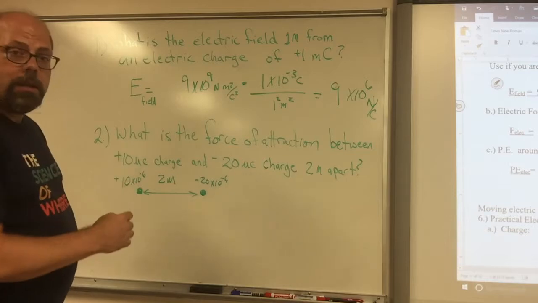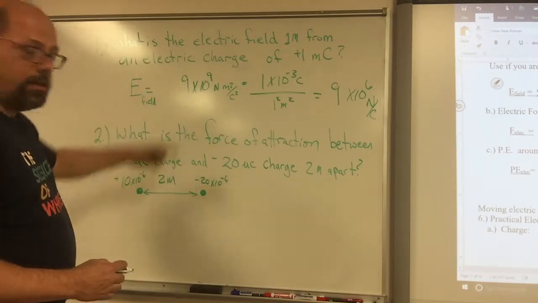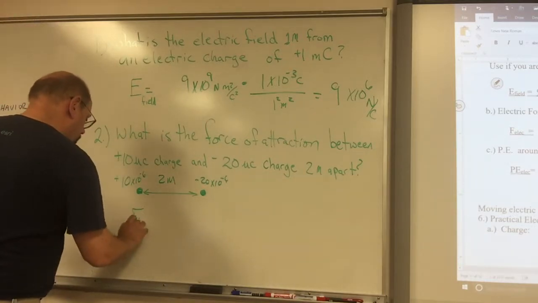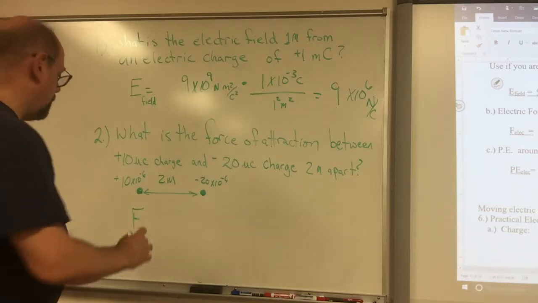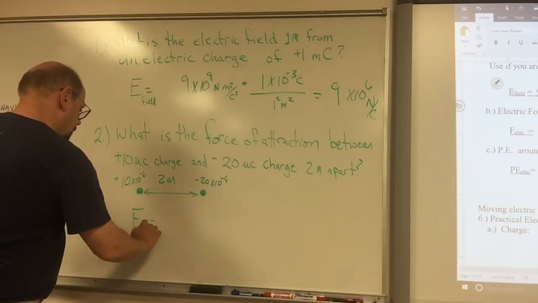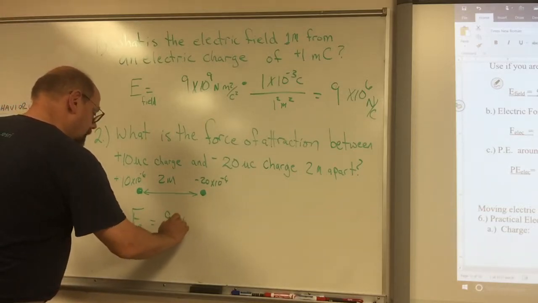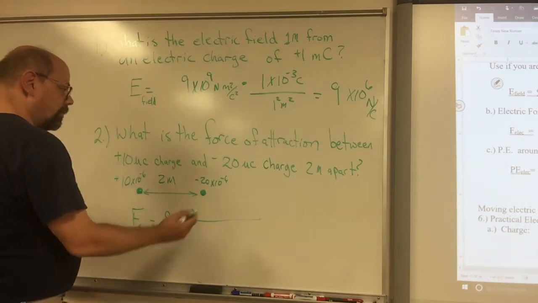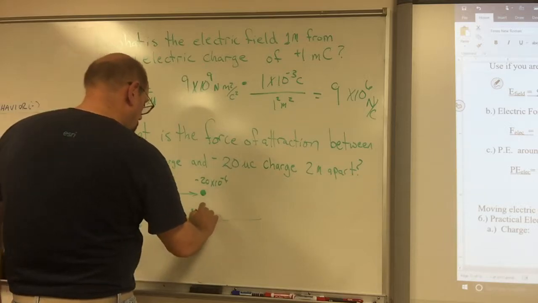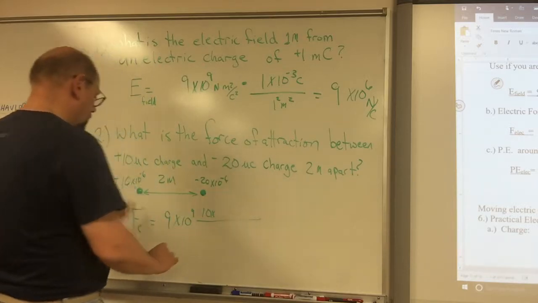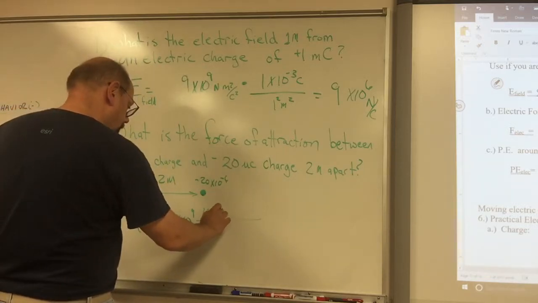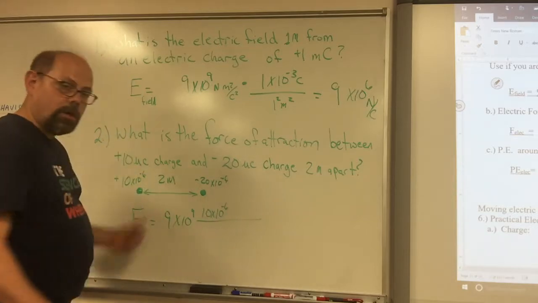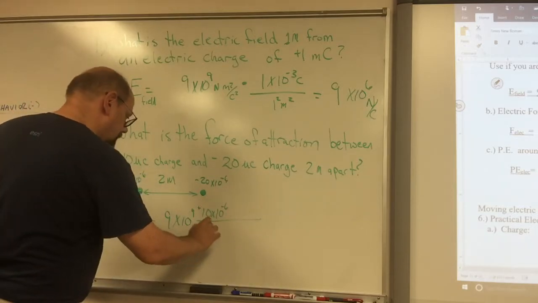Okay, well, we've got a formula that figures this out. It looks a lot like this one did. So the force of the electricity between here, the force of E, has got to be 9 times 10 to the 9th, times a fraction, right? Of the two charges, 10 times 20, but it's 10 to the minus 6, so 10 millionths of a charge. That's positive, so I'm going to keep that little positive there.